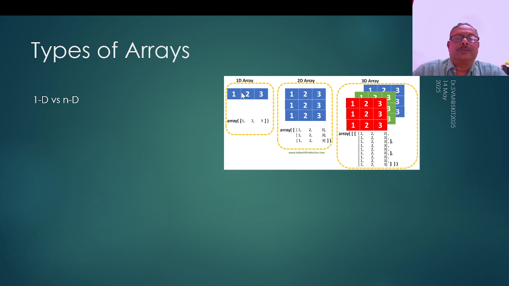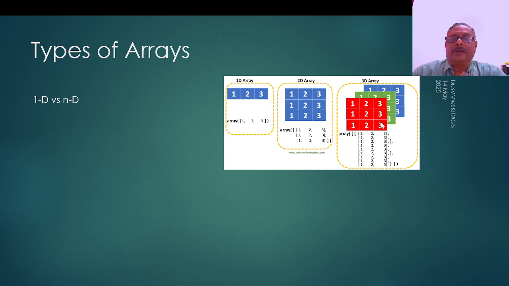If we are talking about a 1D array, we can define it this way. In the same way, when we are defining a 2D array, we can define it this way. This is a Python version of the definition, but similar definitions can be used for any other language like C, C++, Java, and others.